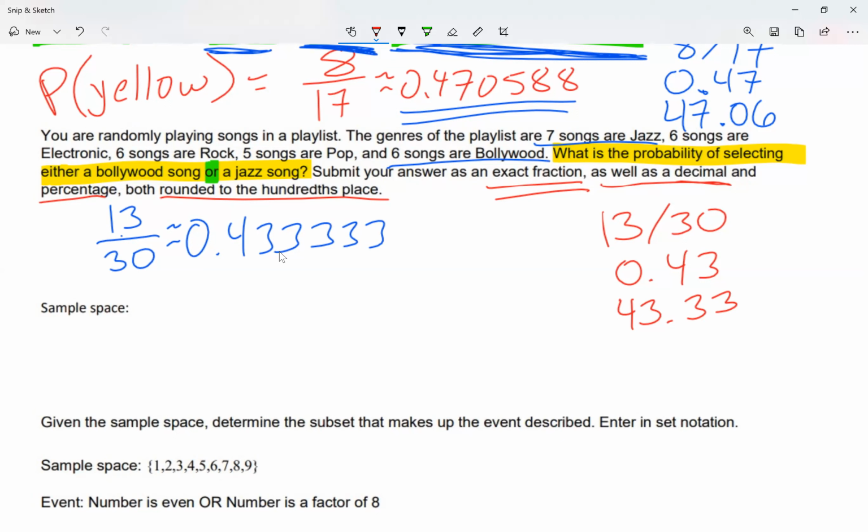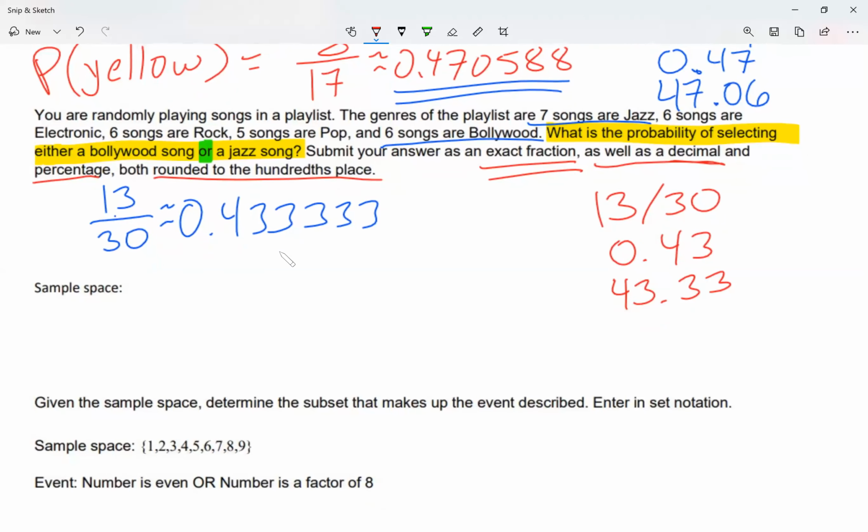Now, sample space. You see how we have the space for sample space? It is the set of all the possible outcomes. There are 3 ways we can do this. The sample space, we can do it as a list of the possible outcomes. Every time I do a list, I'm going to put it inside brackets, like this. And then inside I'm going to put all the possible outcomes.